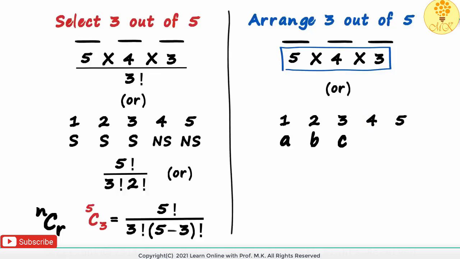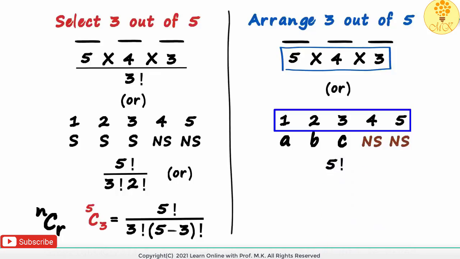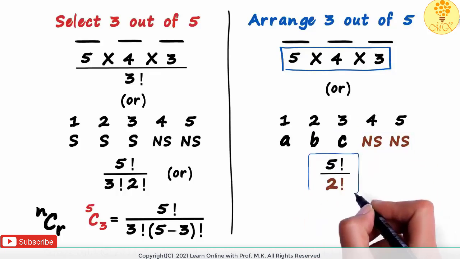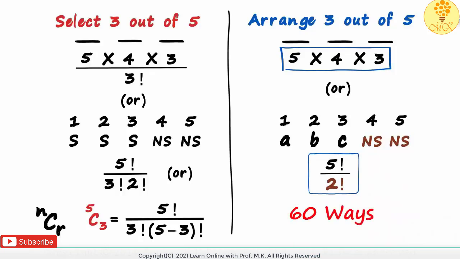So we can put them in the NS category. Now that we have made the categories, we can calculate the number of ways in which this can be done. 5 distinct objects can be arranged in 5 factorial ways. And as 2 out of these 5 are in the same category, we divide this by 2 factorial. This will also give us the same answer, 60 ways.